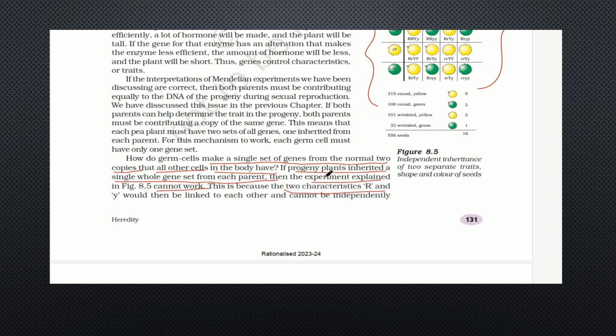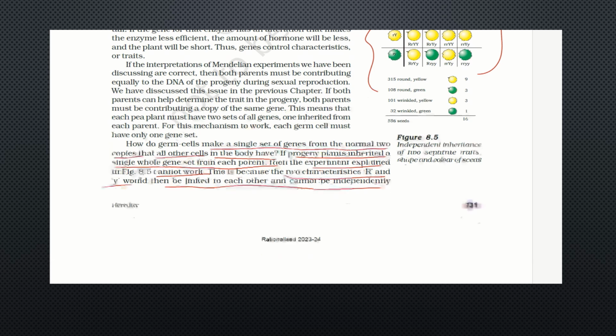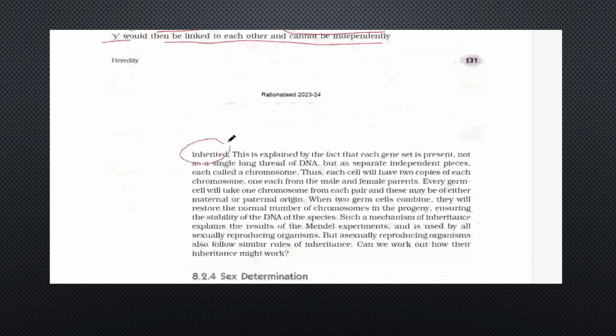This is because the 2 characters R and Y would be linked to each other, and could not be inherited independently.